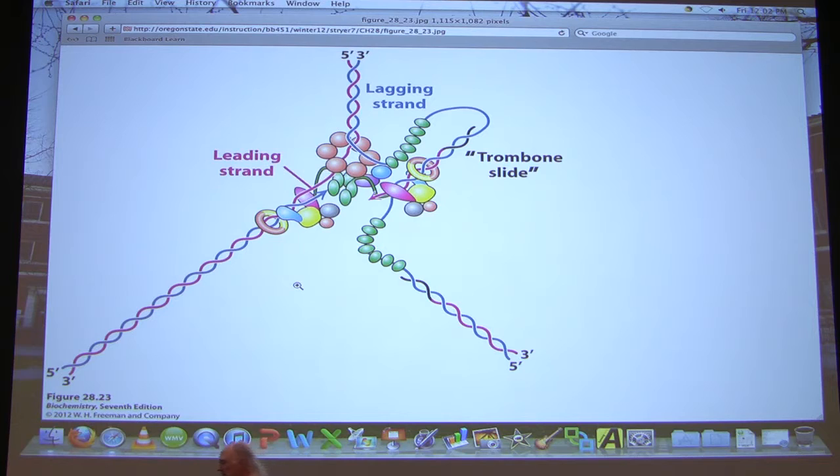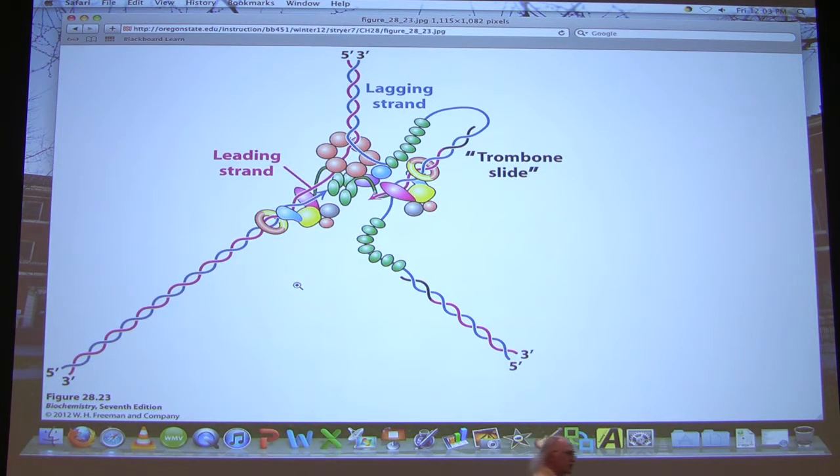So the lagging strand synthesis can't continue as fast as the leading strand synthesis does. Because of that, rather than stop everything, the cell loops out a part of the lagging strand as the leading strand is moving along. Now, the leading strand won't continue forever. It will eventually slow down. But for at least a portion of the time, the leading strand is moving fairly fast, and the lagging strand is being looped out in this sliding trombone model.